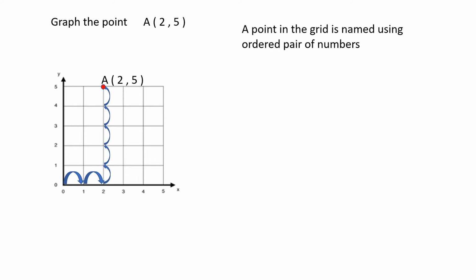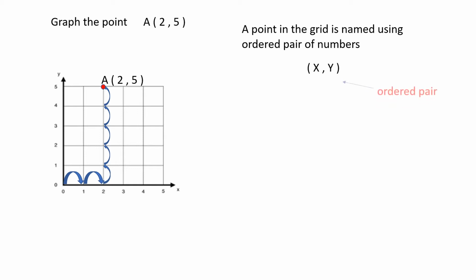So a point in the grid is named using an ordered pair of numbers. Any point can be written as (x, y). The first number is for the x-axis, and the second number is for the y-axis, the vertical line.